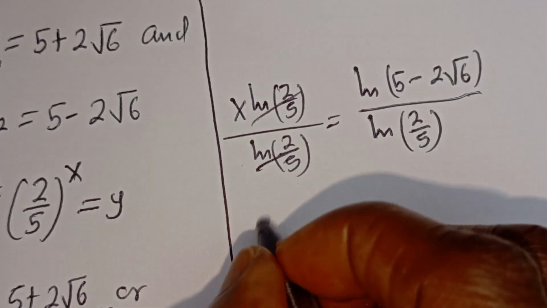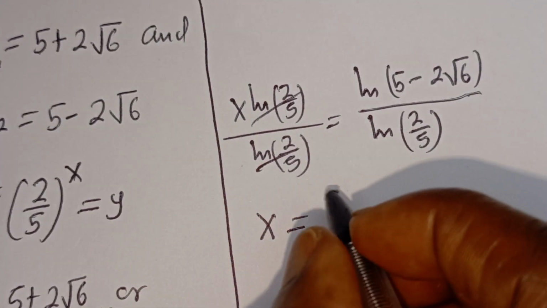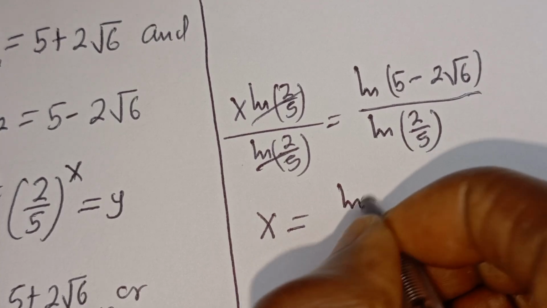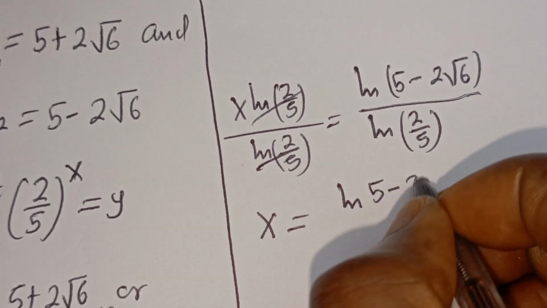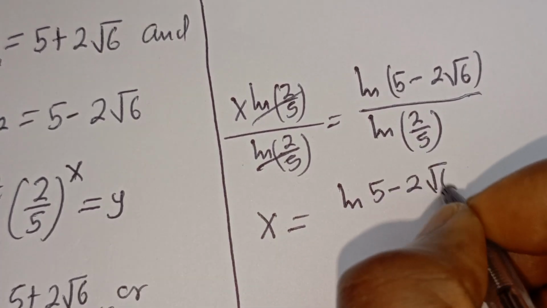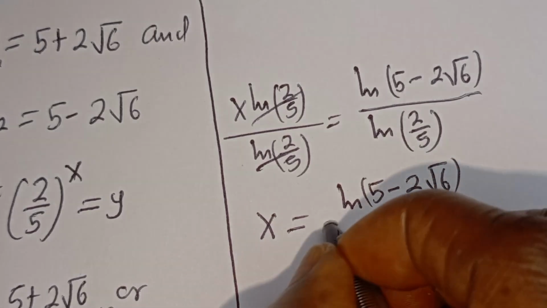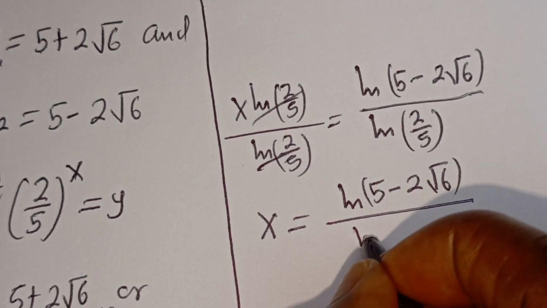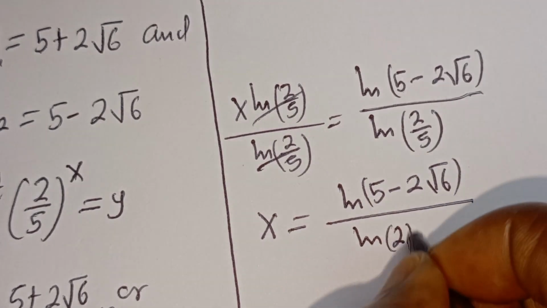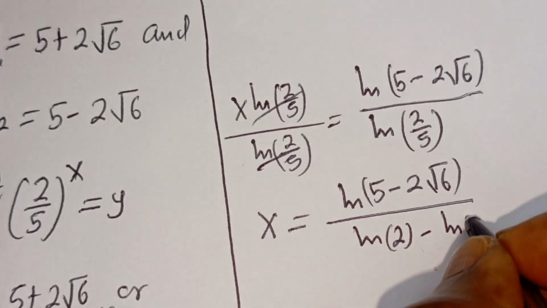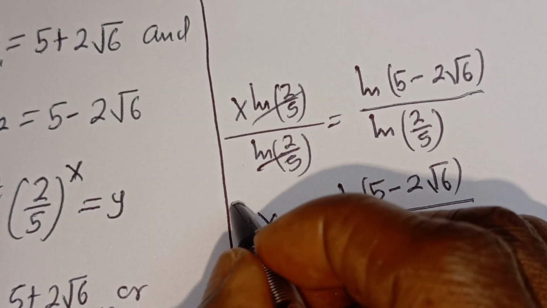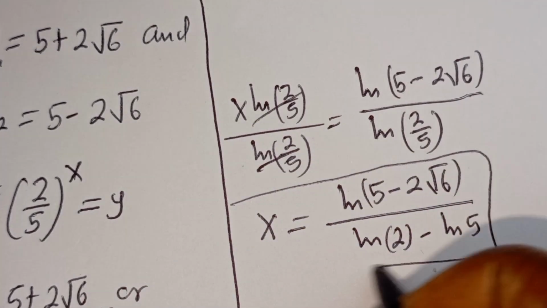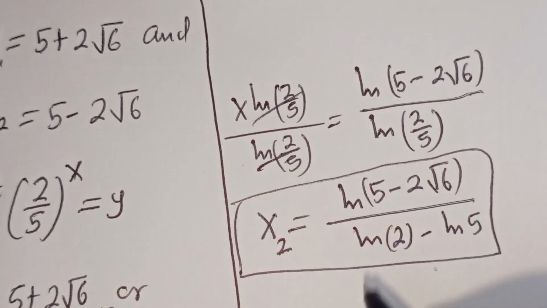This will cancel this. X is equal to ln of 5 minus 2 root 6 divided by ln of 2 minus ln of 5. And this is also the second value of x.